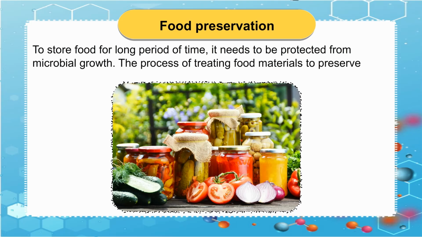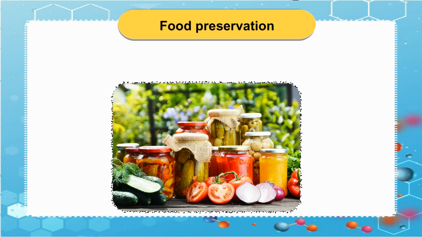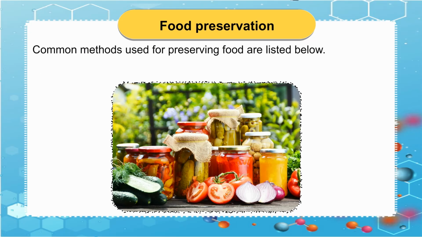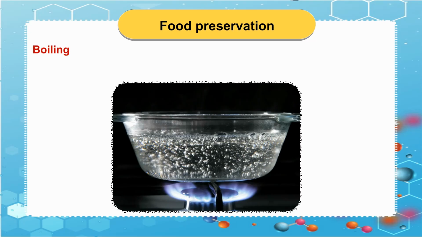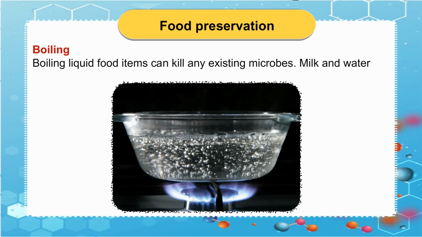Using salt, sugar, oil or vinegar. Addition of these substances creates an environment where microbial growth is not possible. These substances, in addition to preserving, also add to the flavor of foods.